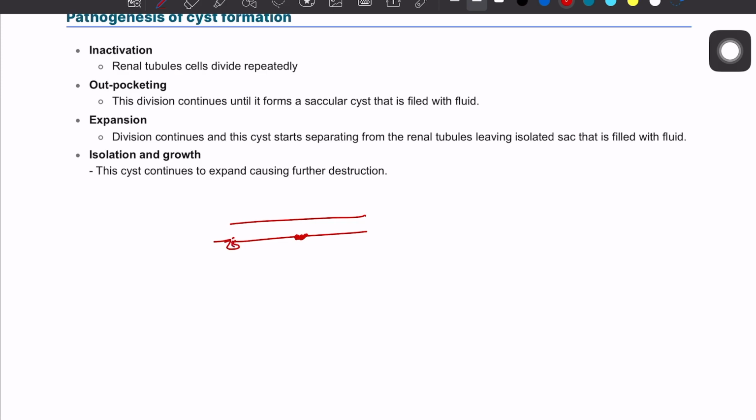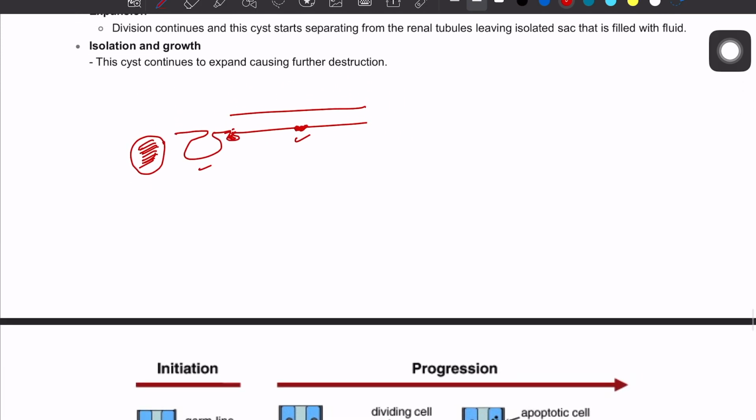Then this pocket will start to be fluid filled until it gets bigger and bigger, until the later stages, when it is separated after expansion, through isolation and growth. So it starts by inactivation and continuous division, then outpocketing, and following that, division continues and the cyst starts separating from the renal tubules, and it will completely separate to form a fluid-filled cyst.